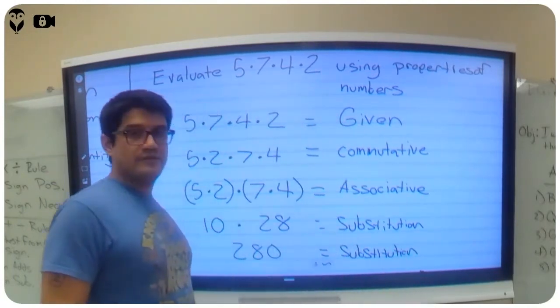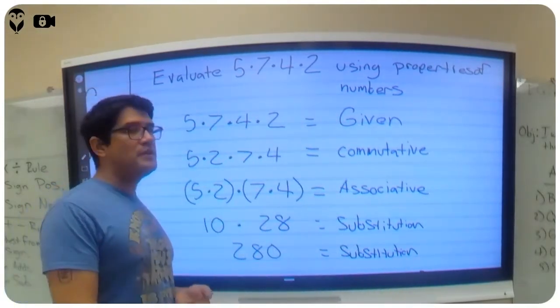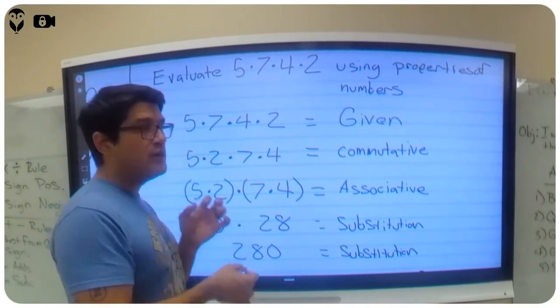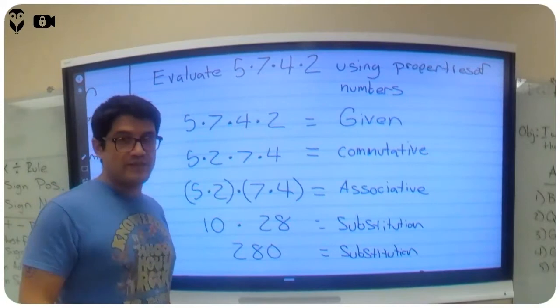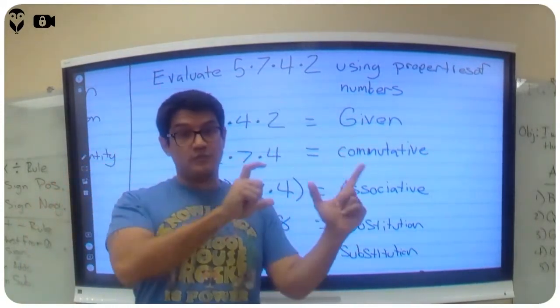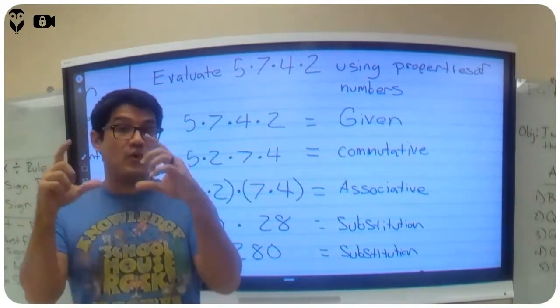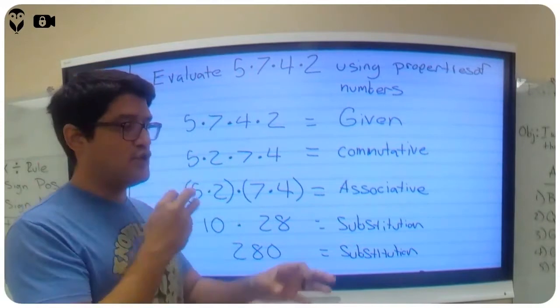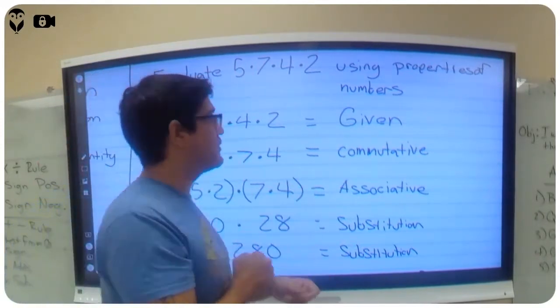And that's it for that. Now you just have to know the difference between associative property and commutative property. Commutative property, like your commute to school, is when you move things from one place to another. Associative is who you associate yourself with. So if you put parentheses around things or change the things that are in parentheses, that's the associative property. You're changing who you're associating yourself with.